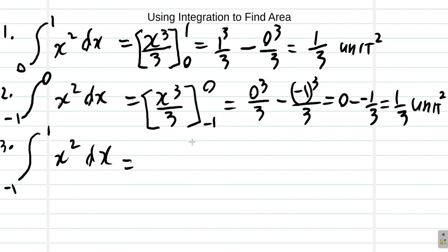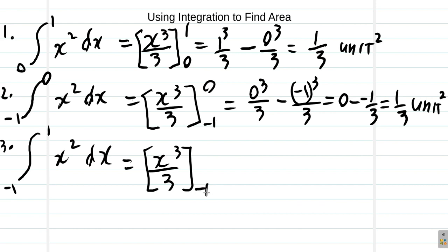Okay, good. What about number 3? So we have integral from -1 to 1 of x squared dx. When we integrate x squared, we get x cubed over 3. And remember that we're not using a constant of integration, because it's definite integration. We define the boundaries. In this case, the boundaries are -1 and 1.